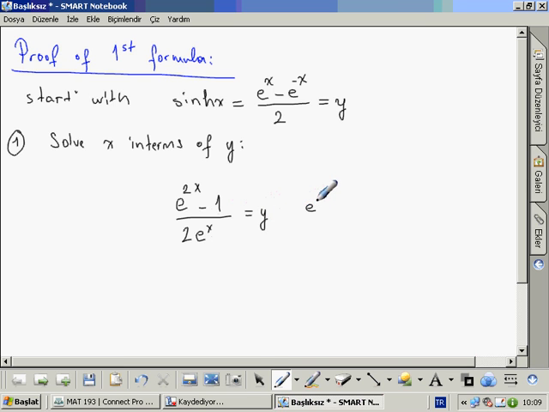So e to the 2x minus 2y e to the x minus 1 equals 0. Set e to the x equals u, and after that we can say u squared minus 2y u minus 1 equals 0.